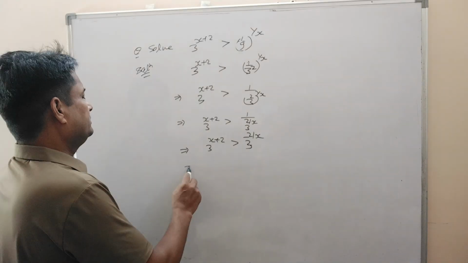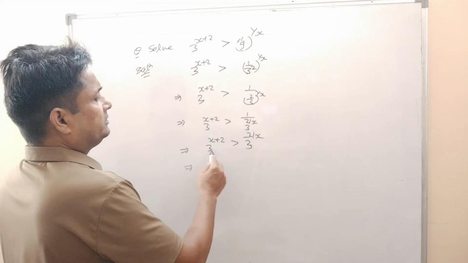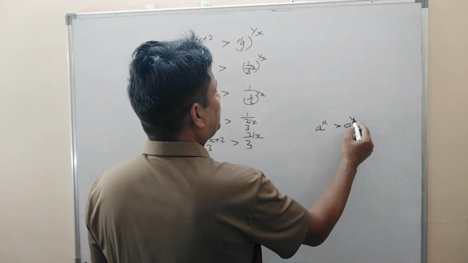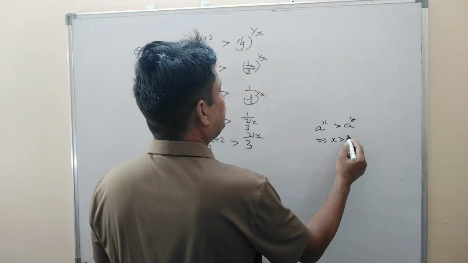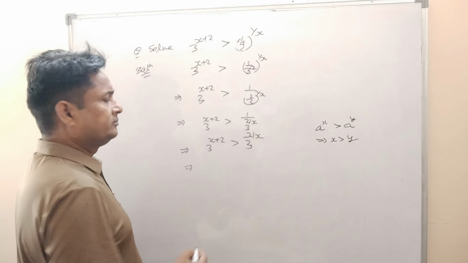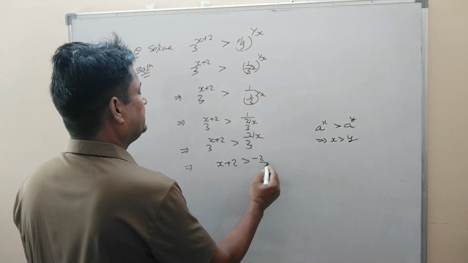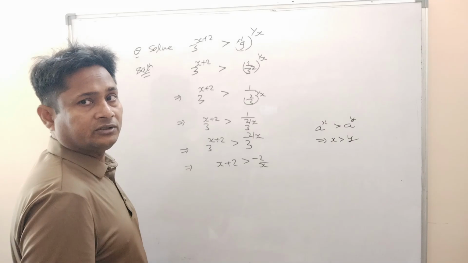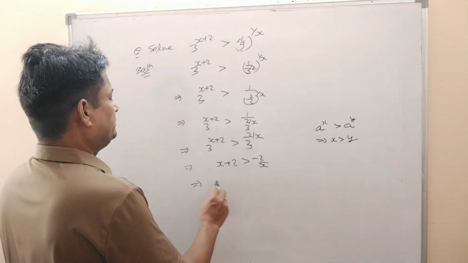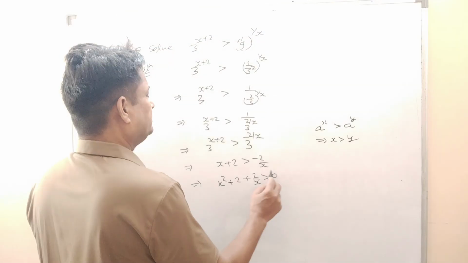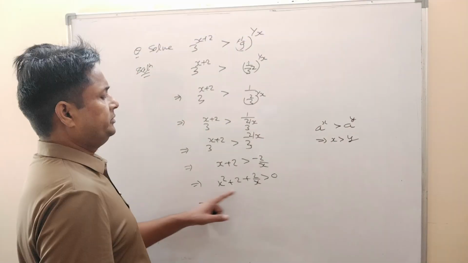Here again you apply: if a to the power x is greater than a to the power y, then x will be greater than y. So x plus 2 will be greater than minus 2 by x. So x plus 2 plus 2 by x is greater than 0. Now simplify this.